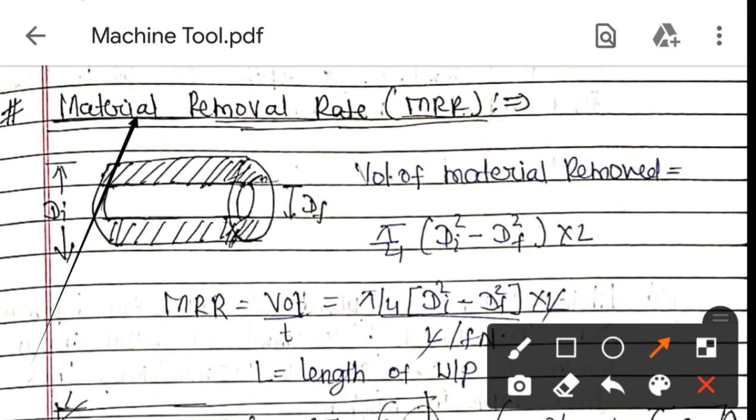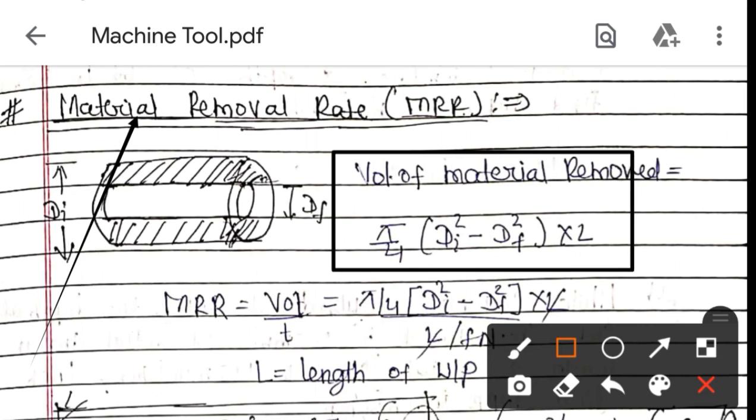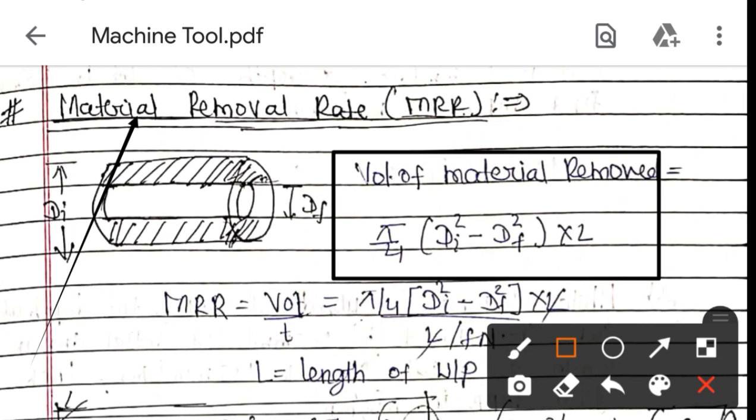What is the volume of material removed, which is very simple. The formula is from basic mathematics: pi by 4 into d square, the cross sectional area basically, into length. When you multiply the length with this cross sectional area, we get the volume of material removed, which is pi by 4 into initial diameter squared minus final diameter squared, into length.